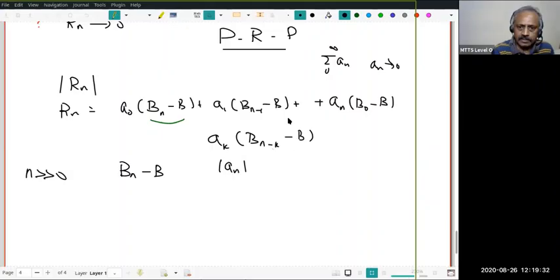When I want to estimate the bracketed term in b, I want n to be very large, but then k should be small. But when I want to estimate mod a_k, I want k to be very large, but then n minus k will be very small. So I may not know. You understand that? So the first idea, what should I do? I want both of them in some sense to be large.